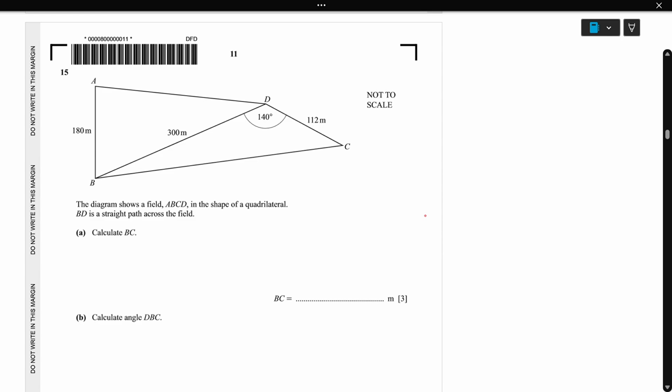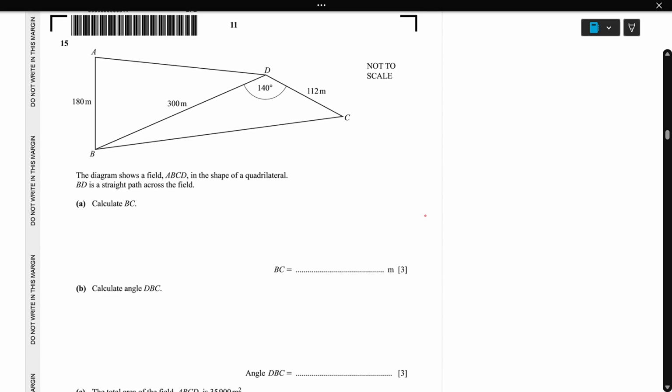Next, question number 15. The diagram shows a field ABCD in the shape of a quadrilateral. BD is a straight line across the field. Calculate BC. So we'll take triangle BDC and use the cosine rule.